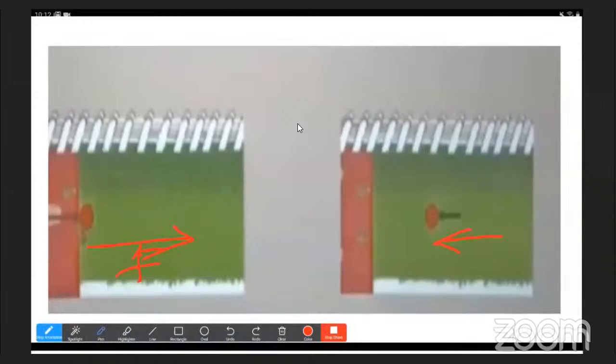Right? So here in the first one, the object is moving in some direction. So here we can see that force is a cause of change in velocity. Okay, so force is a cause of change in velocity. So change in velocity means force is a cause of acceleration. Right? So here the acceleration of this object is positive.